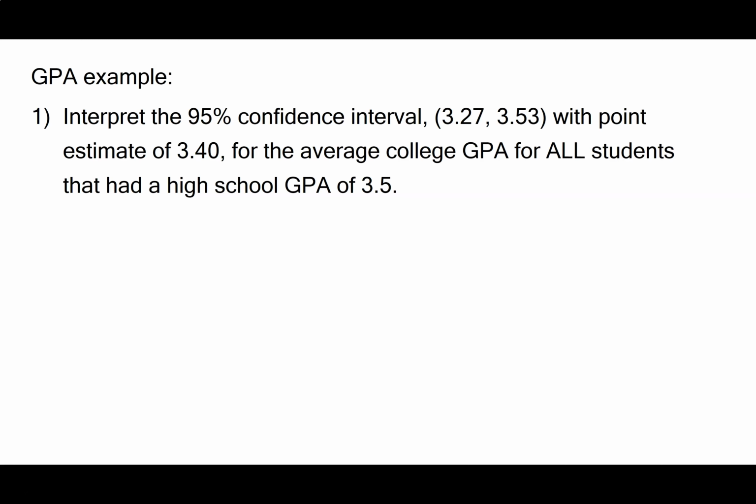So we want to say, okay, what is the college GPA when we have a high school GPA of 3.5? For all high school students that had a 3.5, the average GPA in college that they're estimating is between 3.27 and 3.53 with a point estimate of 3.4.